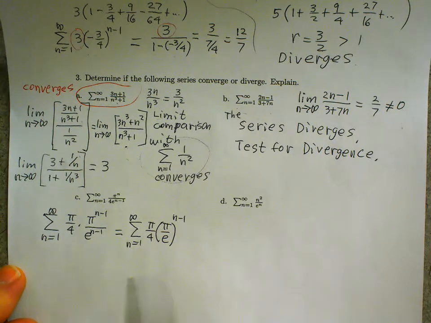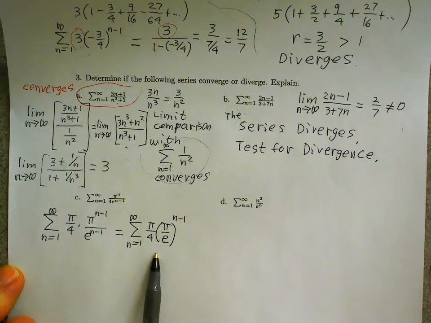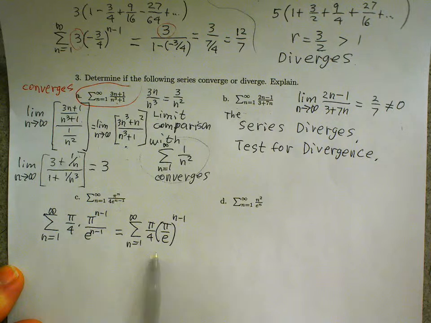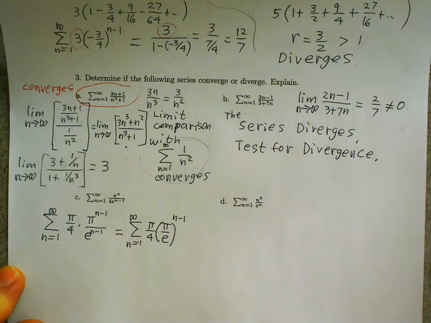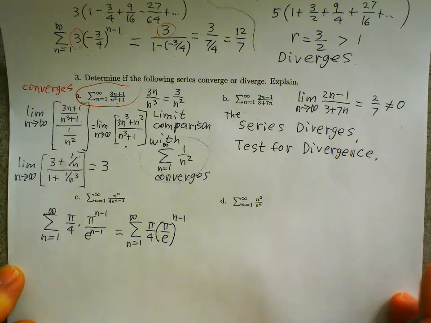Okay, so this has the familiar form of a geometric series. And all we're trying to do is determine whether the series converges or diverges. So what about this one? What's the common ratio?